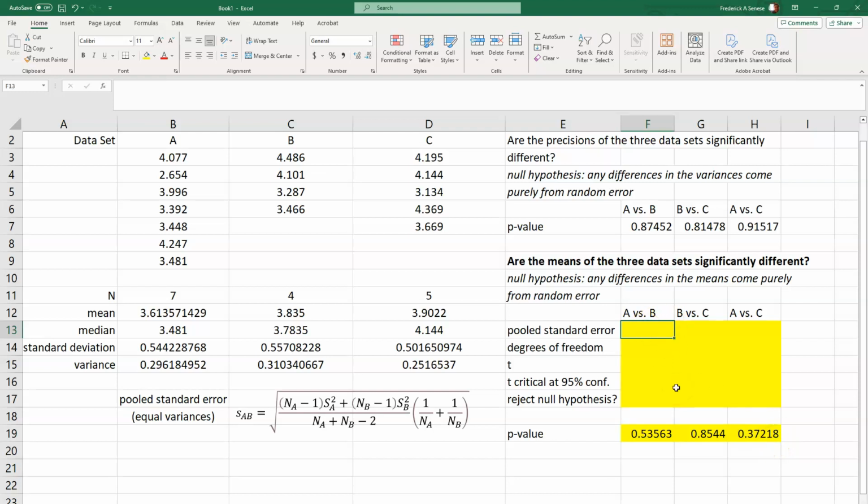All right, so the pooled standard deviation, A versus B, I have the equation for this, and this applies when you have equal variances. There is a separate equation for this when you have unequal variances. But we've got equal variances here. So I'm going to type this equation into Excel. It looks like I've got a square root around the whole thing. So I'm going to type it in like that first.